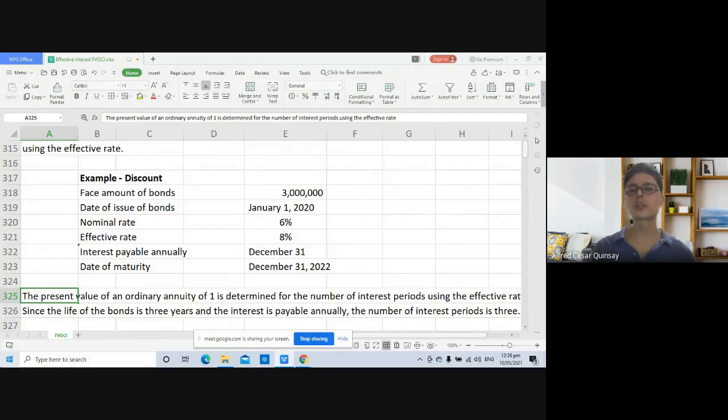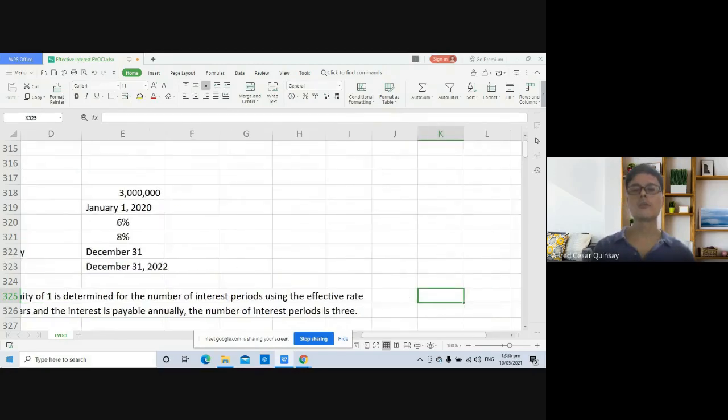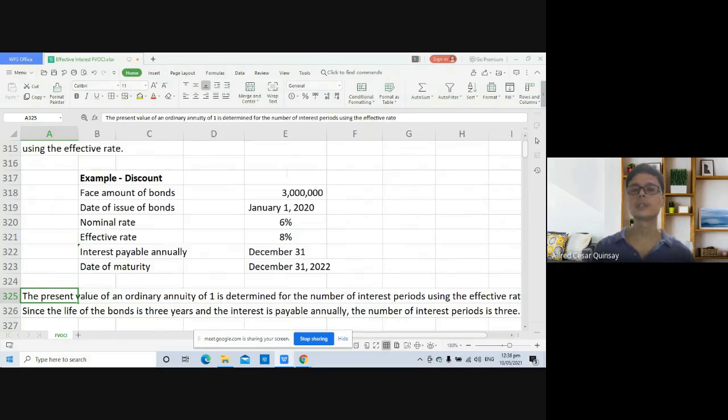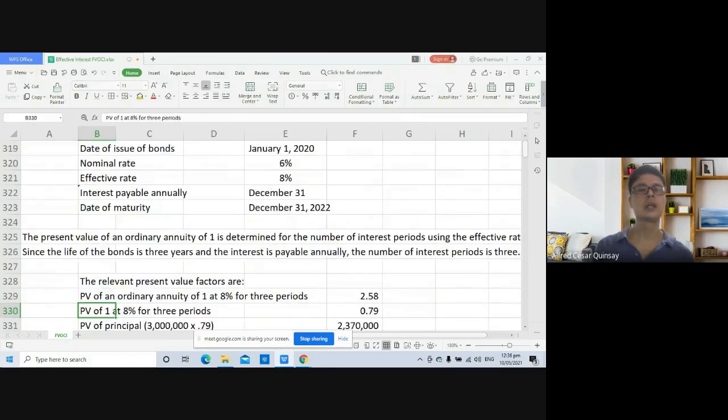The present value of an ordinary annuity of 1 is determined for the interest periods. So gagamit tayo ng annuity table, no? So since the life of the bond is 3 years and the interest is payable annually, the number of interest periods is 3. Ito, so normally given, the present value of an ordinary annuity of 1 at 8% for 3 periods is 2.58.